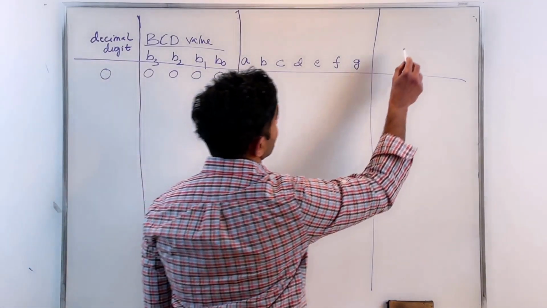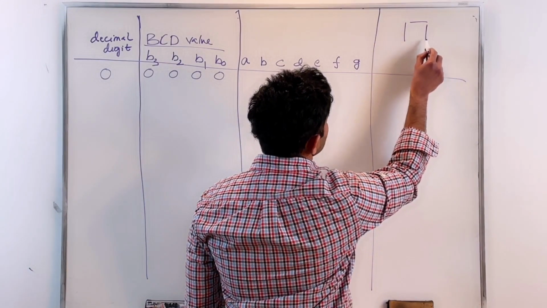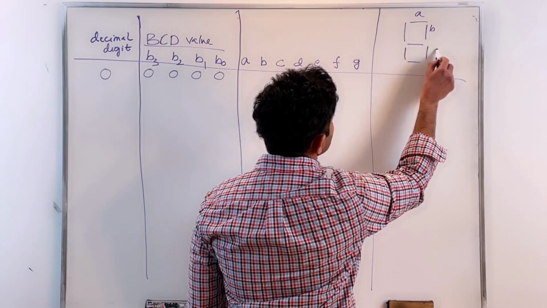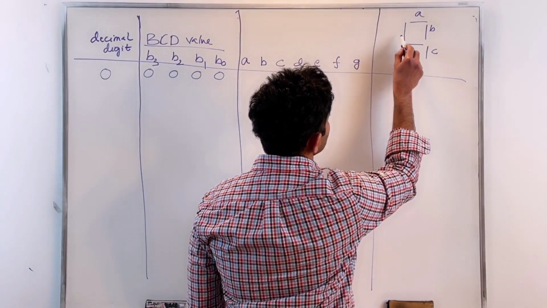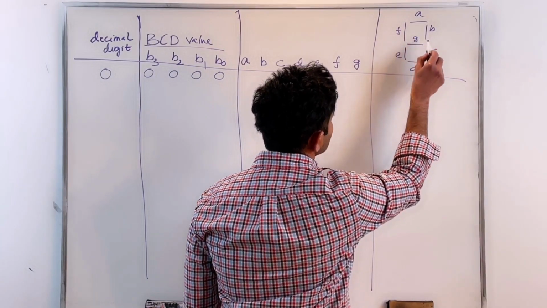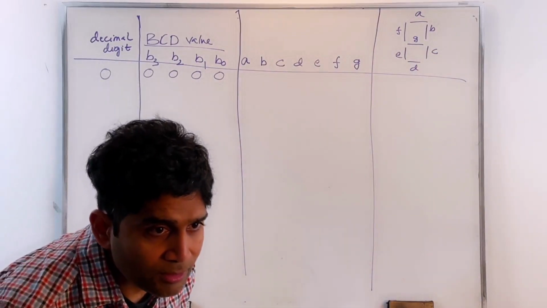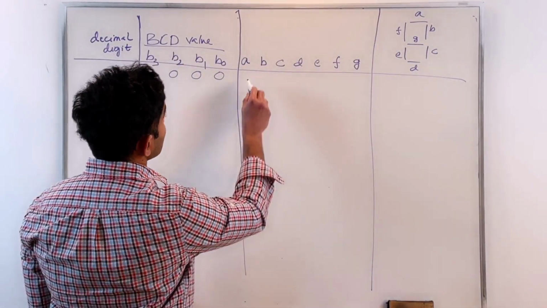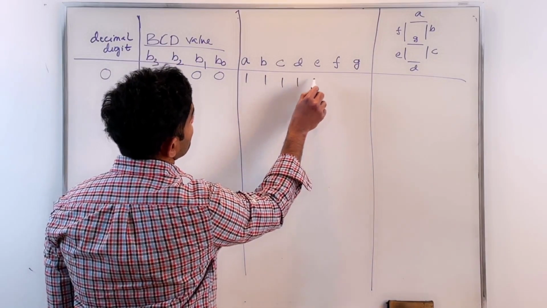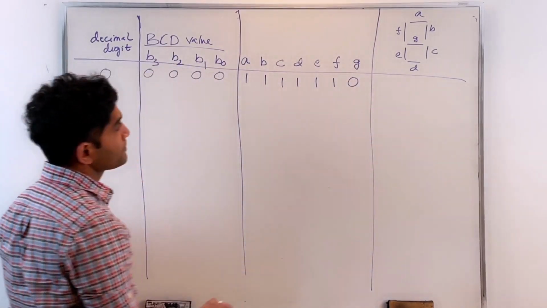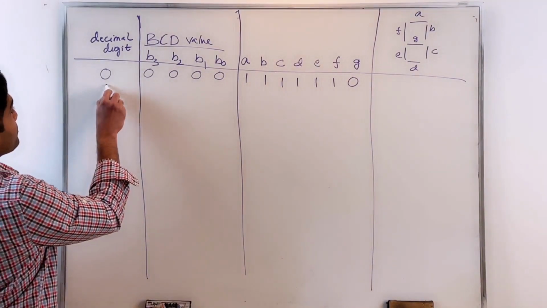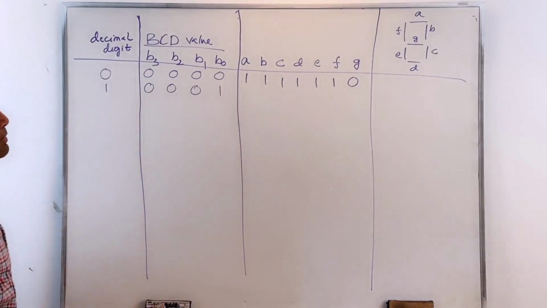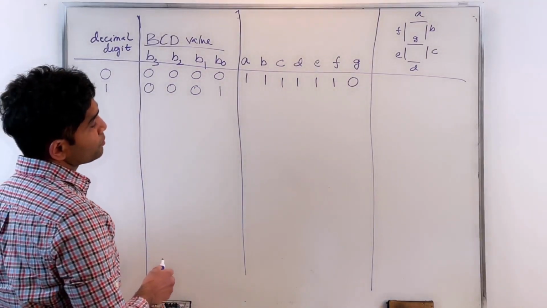Let me do this for reference, that may be easier. A, B, C, D, E, F, and G. Yes, all but G for 0. So that will be 1, 1, 1, 1, 1, 1, 0. 1 will be 0, 0, 0, 1, and I would light up B and C in this case.